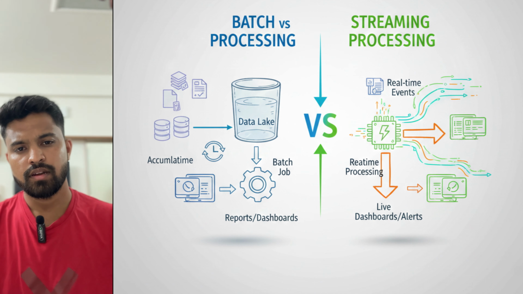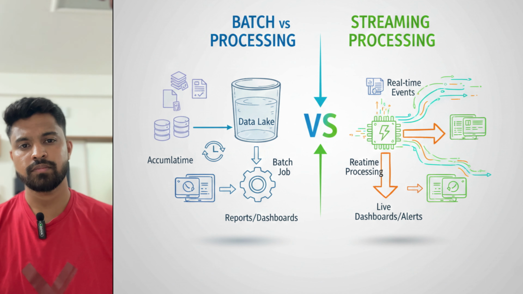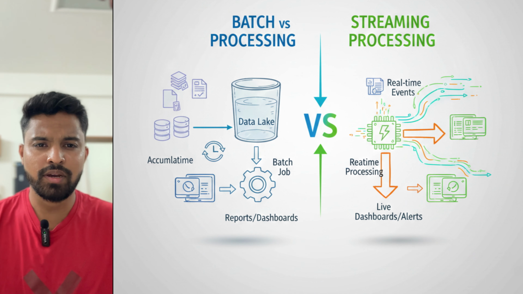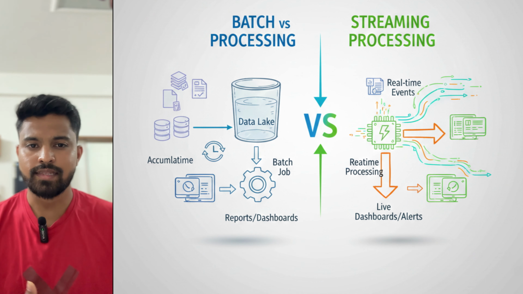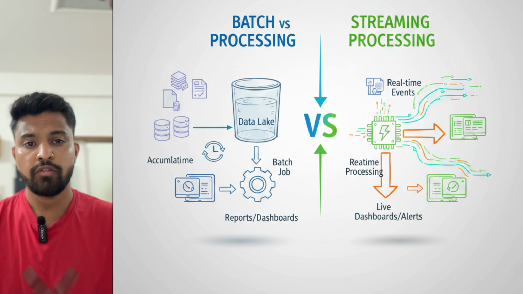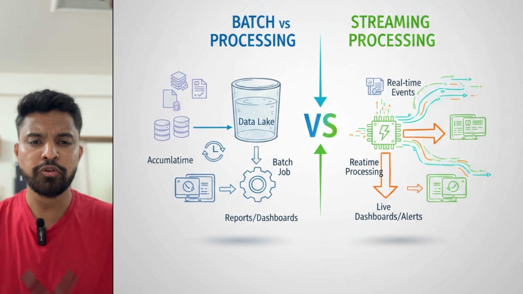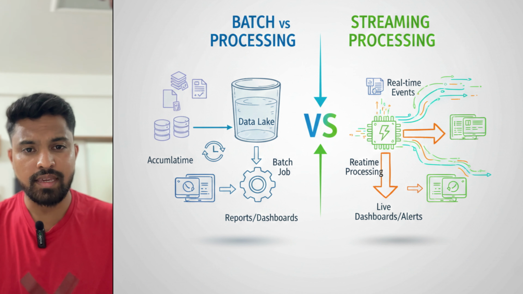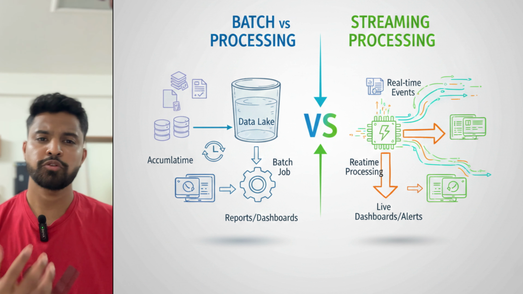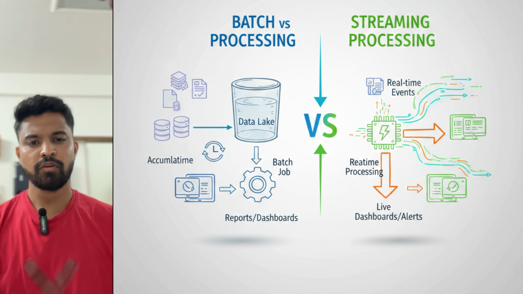Coming to stream processing, it is nothing but processing the data as it arrives. Examples are fraud detection in banking, live stock prices, ride tracking in Uber, and social media feeds.